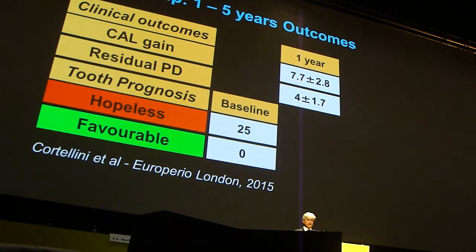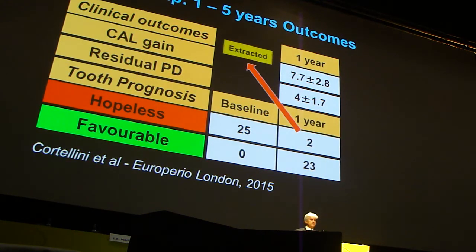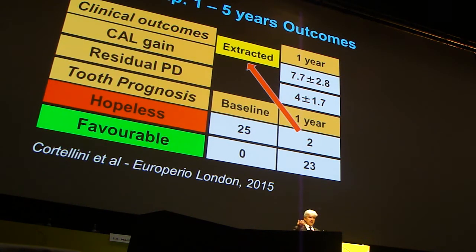We started with 25 hopeless teeth. We ended up at 1 year with 23 teeth with favorable prognosis, meaning in function, with shallow sulci, with attachment and bone regrown around the roots. Two of those teeth were still hopeless, in my opinion, and I extracted those two teeth.